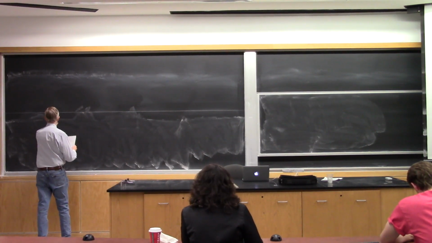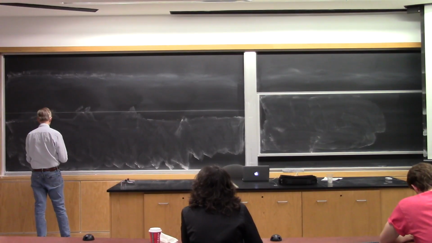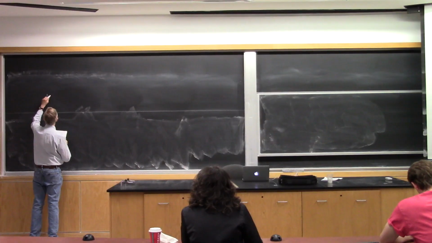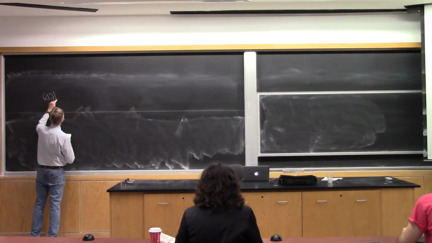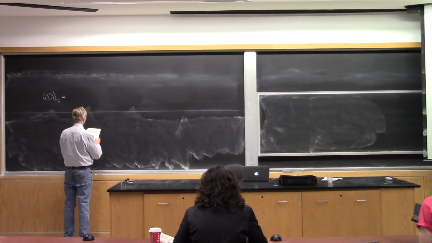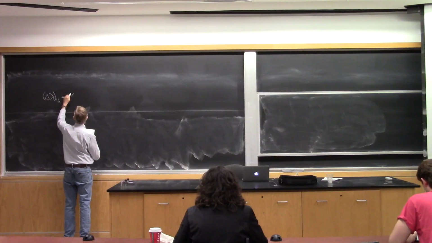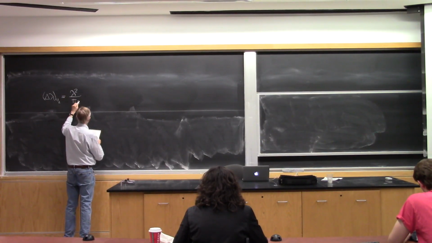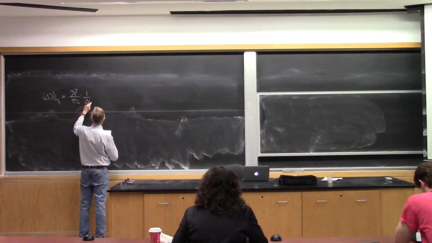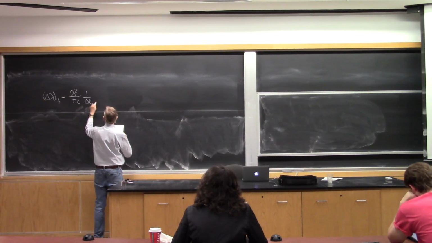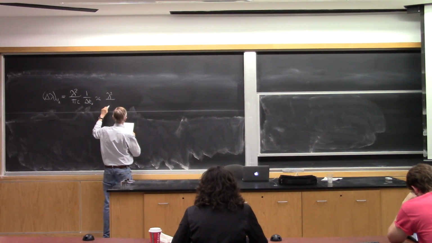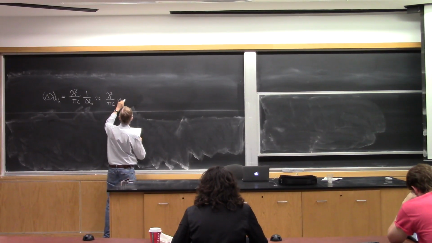So I will remind you that we were talking about pressure and collisional broadening, and that we found that the full width at half max is equal to lambda squared over pi c times 1 over delta T naught, which is about lambda squared over pi c times n sigma times the square root of kT divided by m.